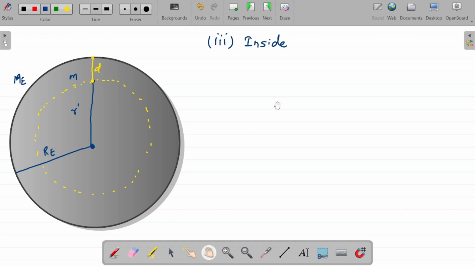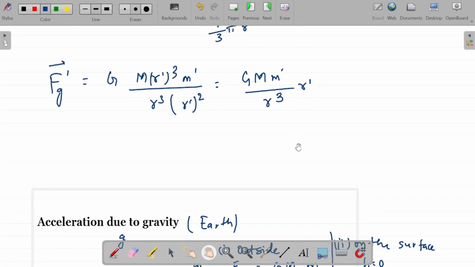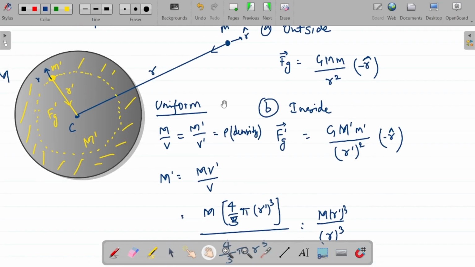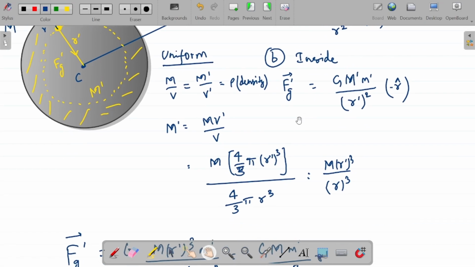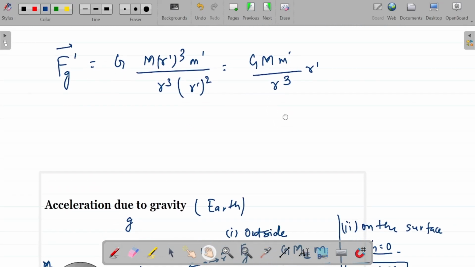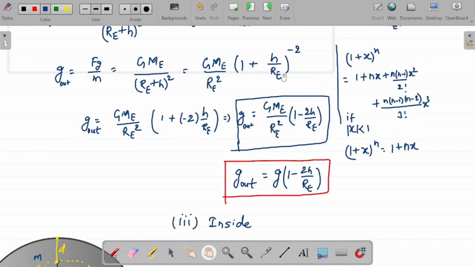So if it is inside the solid sphere, and we are assuming that this solid sphere is uniform, in that case we can check this thing. Look, starting from here, I have just described inside, and then we can continue in this way, and ultimately we will reach that force, gravitational force on this body at this point will be this much. Now I'm going to replace this thing here.